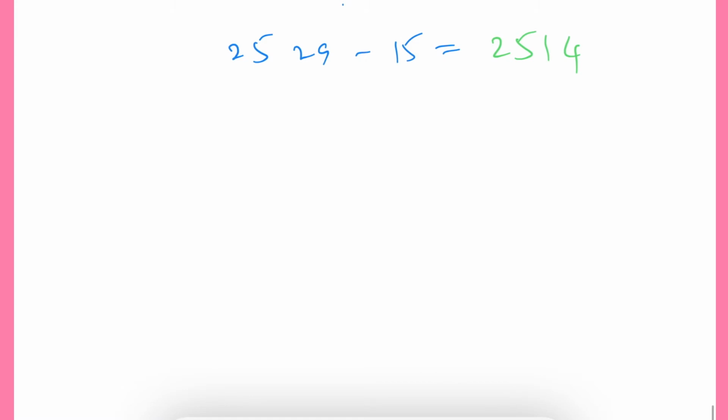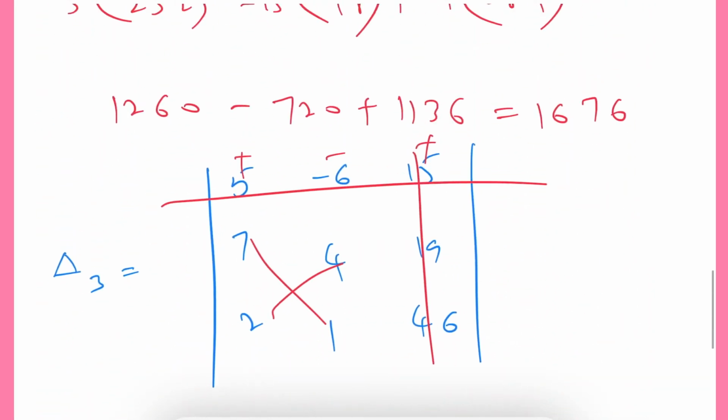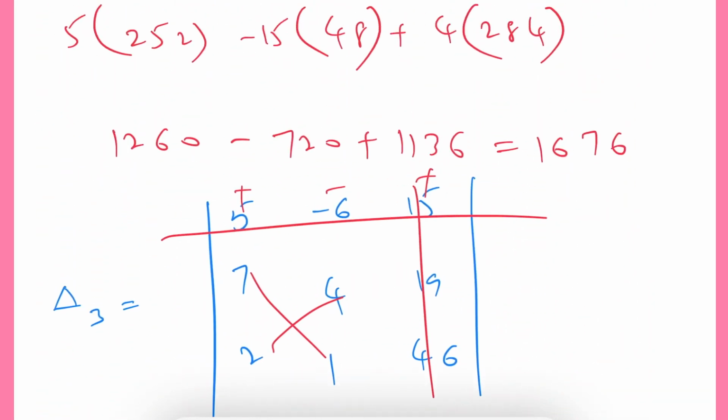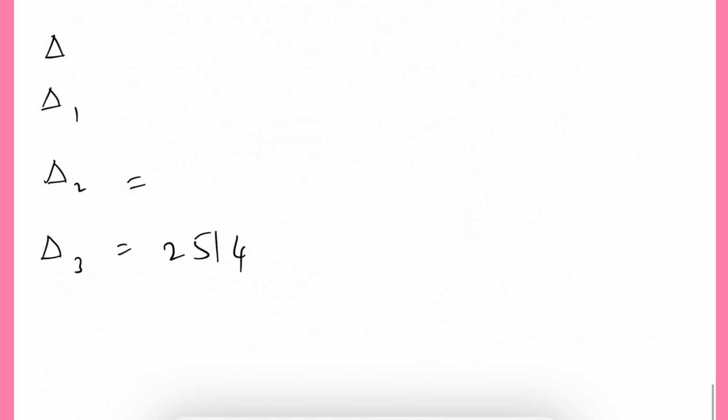So I will write all the delta values together once. Delta 3 we just now got 2514. Next delta 2, what we got then? Delta 2 is 1676. Next delta 1.